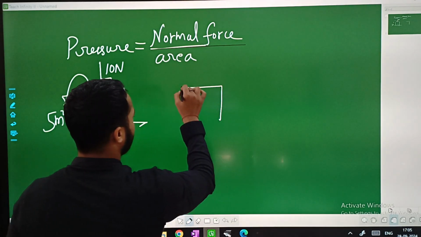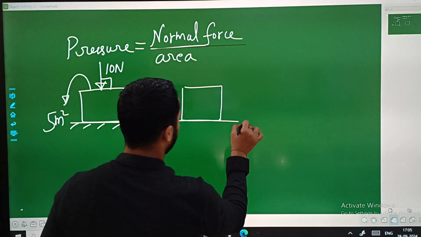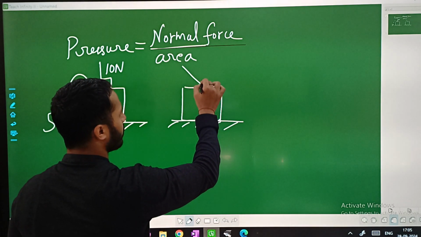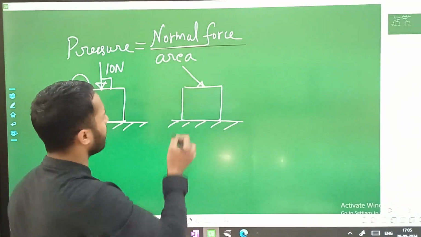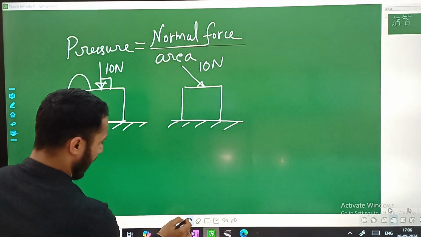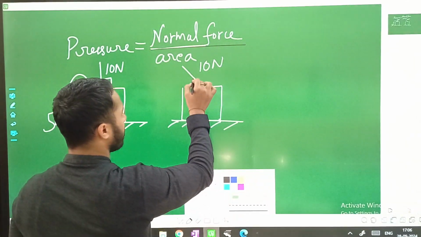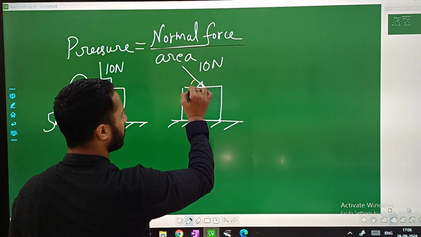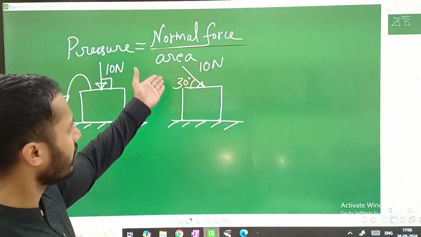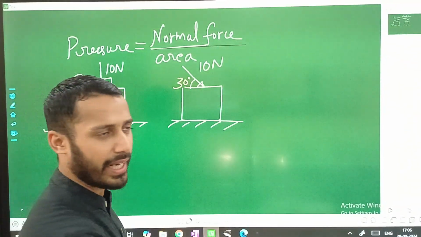Here again I am taking the same block. This time I am applying the force in an inclined way, the same magnitude 10 Newton, and this time the angle of inclination of this force is, let's say, 30 degree with horizontal.